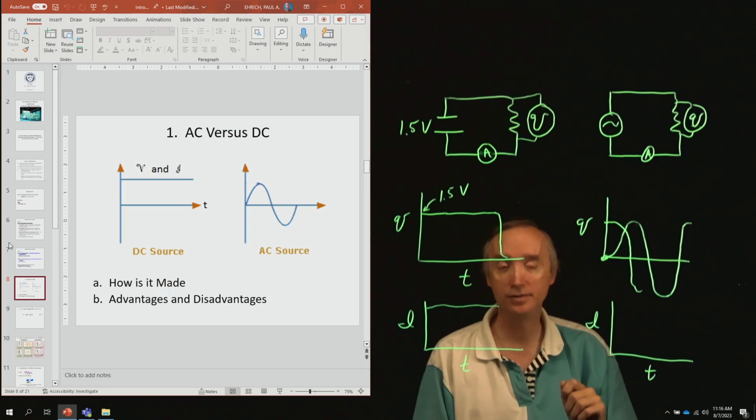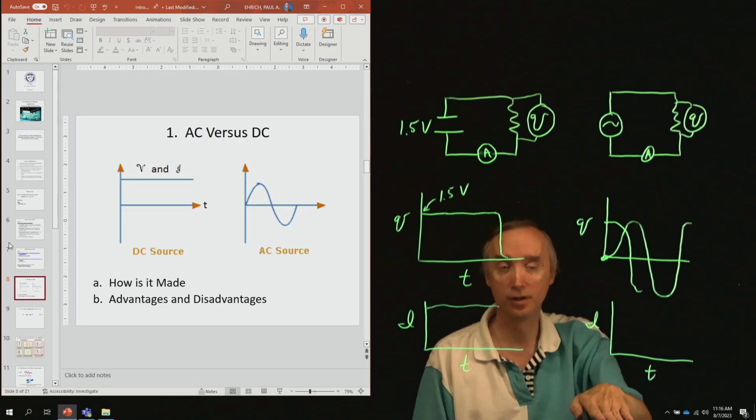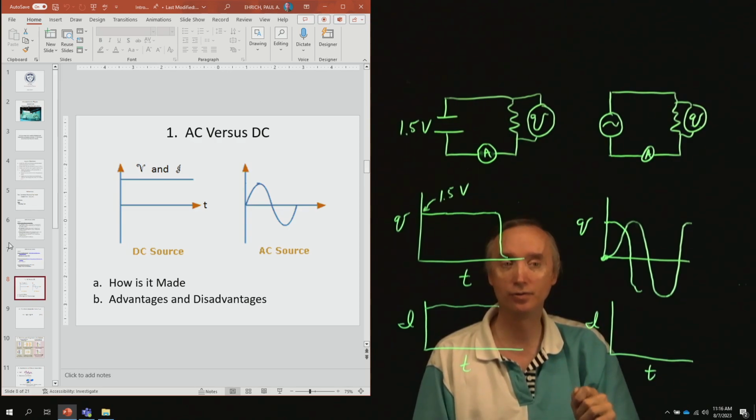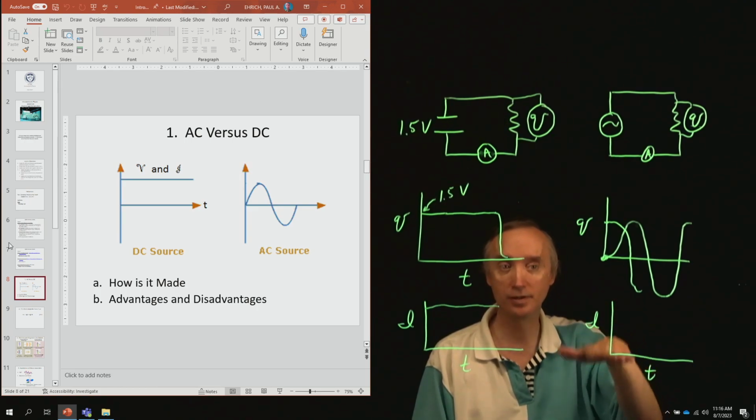Only AC electricity can be stepped up and down by using a transformer. You cannot do it with DC. This is going to be really important. Later we're going to talk about what a transformer is and how it works, but just remember that only AC can be stepped up and down with a transformer. You cannot do that with DC, and that's going to be very important.